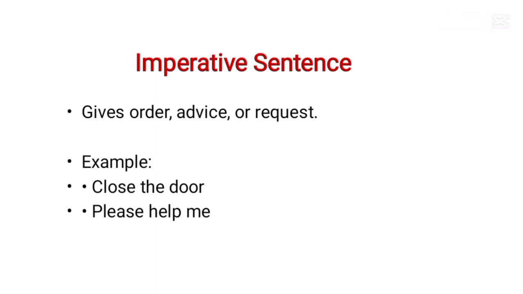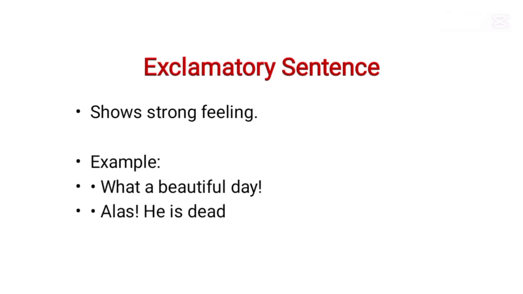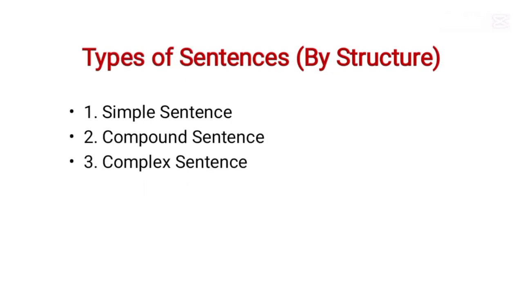For example, close the door. Please help me. The fourth one is exclamatory sentences. An exclamatory sentence shows strong feelings or emotions. These sentences end with an exclamation mark. For example, what a beautiful girl. Alas, he is dead.